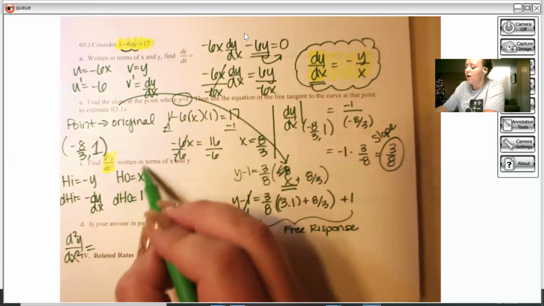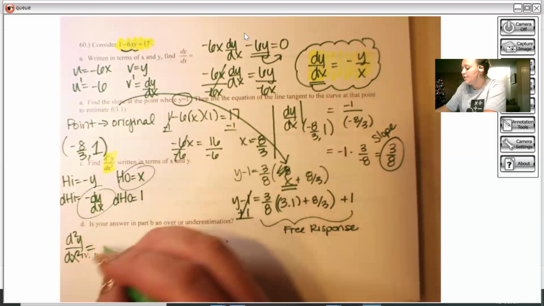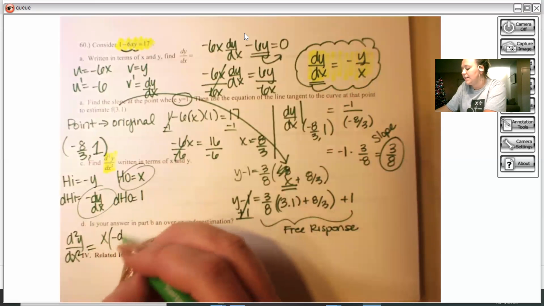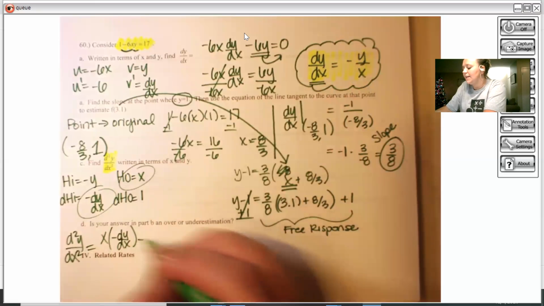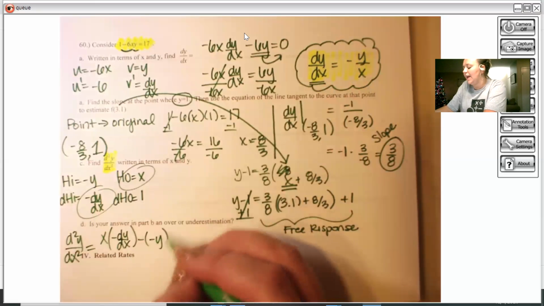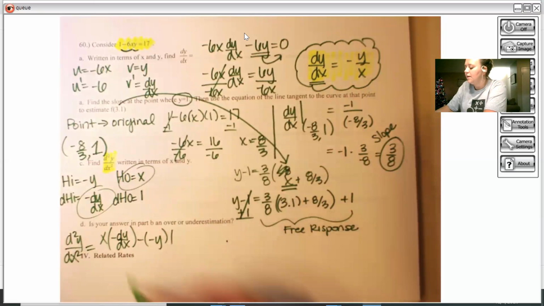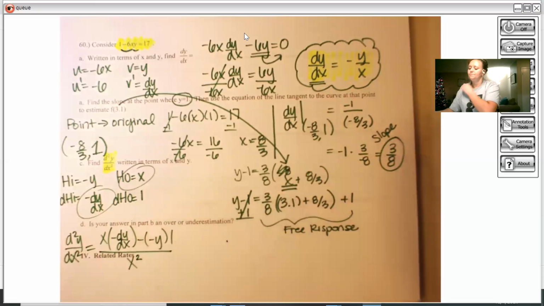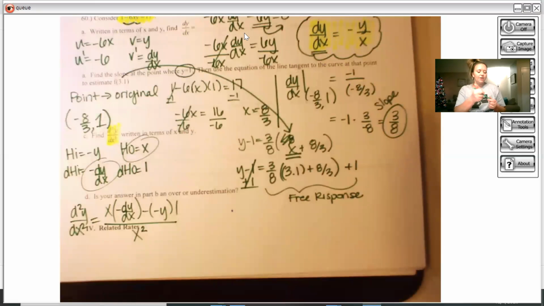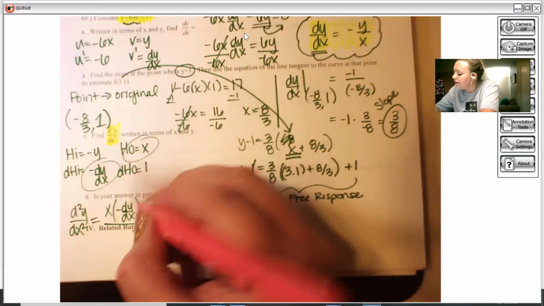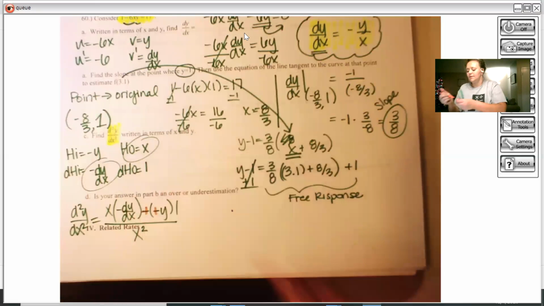And then I'm going to do ho d high, so x times negative dy dx, minus high d ho, which is negative y times 1, all divided by ho squared, which is x squared. And then actually, it looks like some stuff's going to cross out here. So I have minus and negative on the y's. Those can cancel out. Plus, plus.